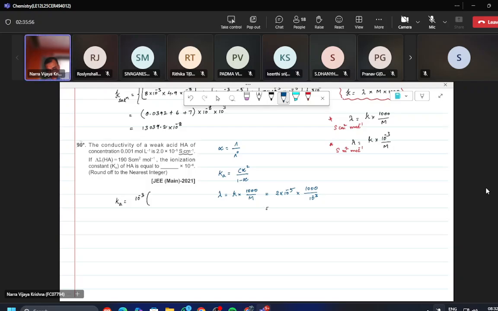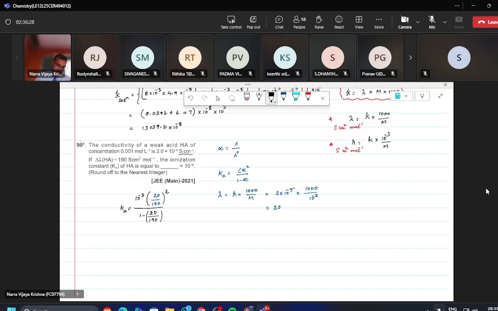So this becomes 10 power 6, right? So 20. Correct? So lambda is 20, lambda naught 190 square upon 1 minus 20 upon 190. This is Ka. Correct or not?